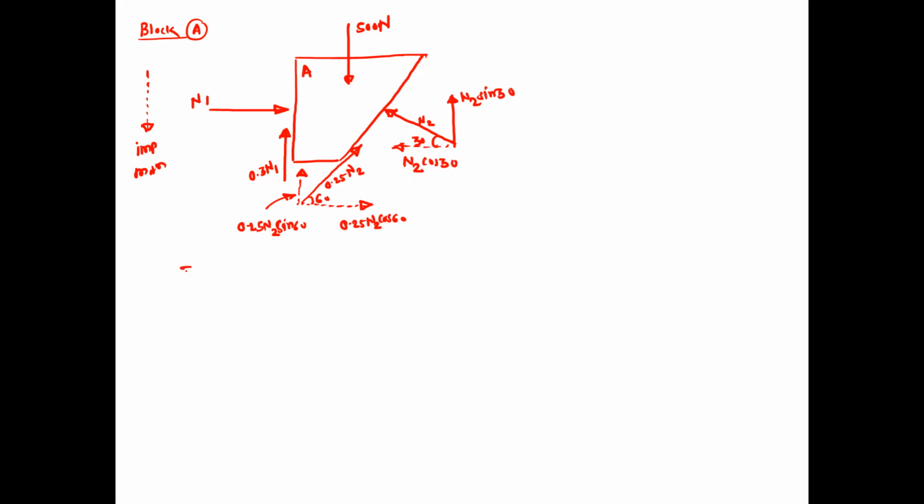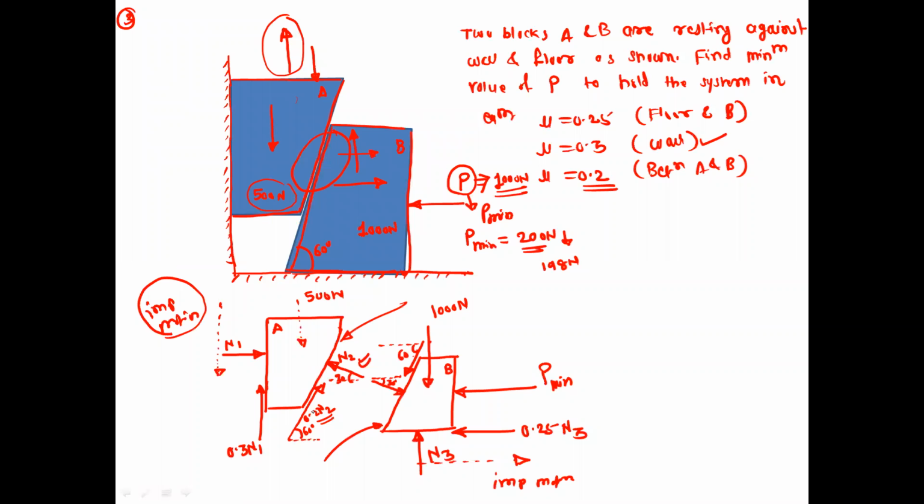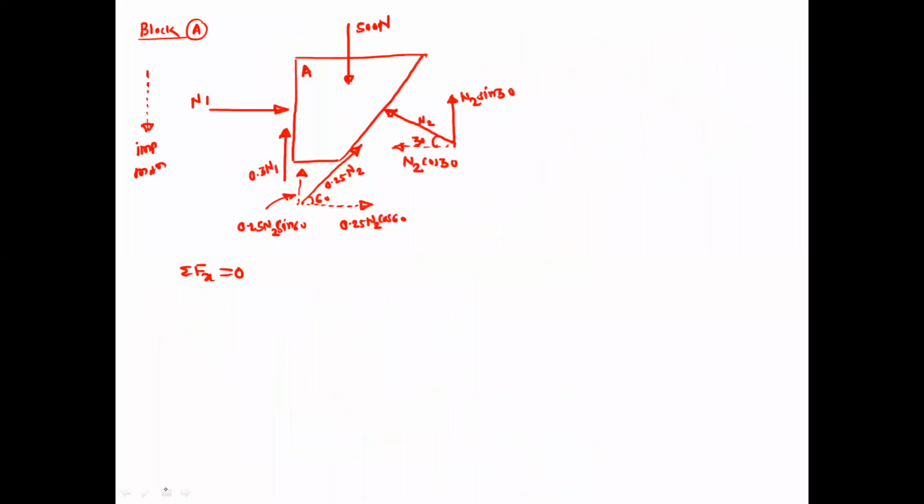Now write the equation summation Fx equal to 0. Here between A and B, the coefficient of friction is 0.2. It is not 0.25, so take this 0.2.